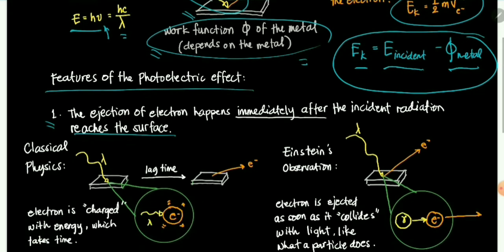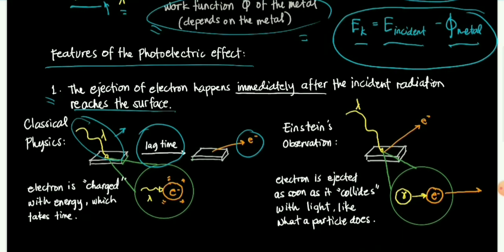So, according to classical physics, okay, pagka nagkaroon ka ng incident radiation, magkakaroon tayo dapat ng lag time kasi a-absorb muna nung inyong electron yung wave or yung energy of the light wave, tapos matcha-charge siya bago siya ma-expel. Okay? So, ibig sabihin, wave nature pa rin yung light dito kasi na-absorb lang siya nung electron bago siya ma-expel. So, we need to have the lag time kung classical physics to. Pero, according to the photoelectric effect, wala tayong lag time.